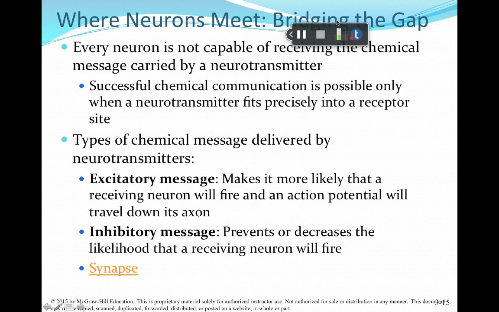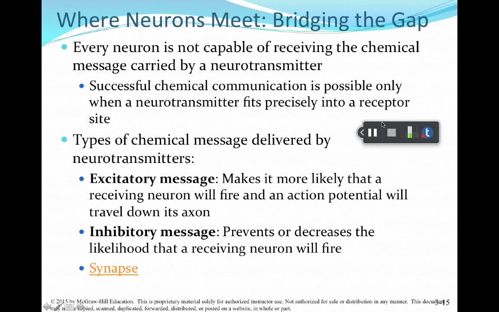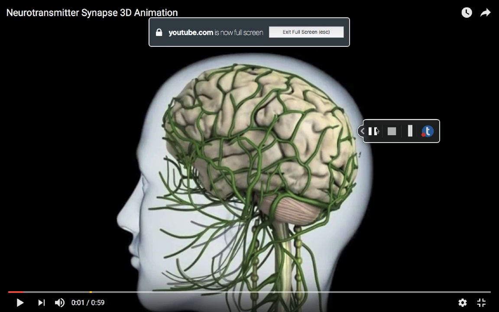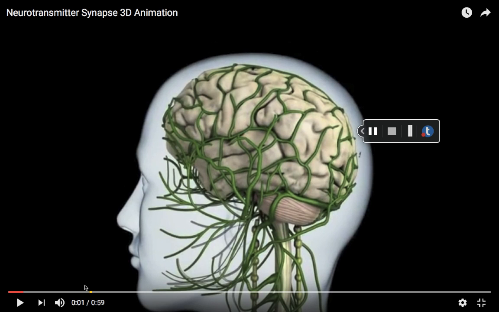As I was saying, it's really important that the receptor be able to receive the neurotransmitter. And there are two different kinds of messages, excitatory and inhibitory. I'm going to show you a quick video of a synapse.